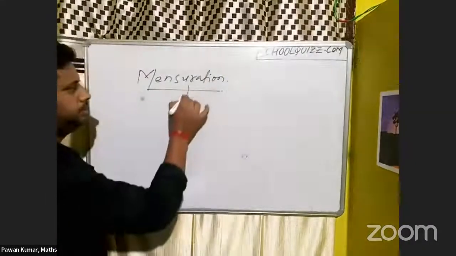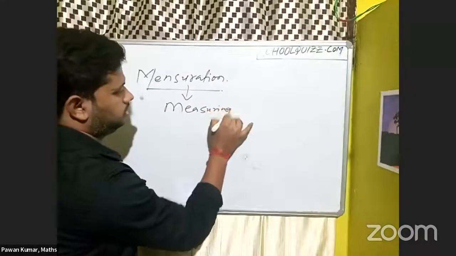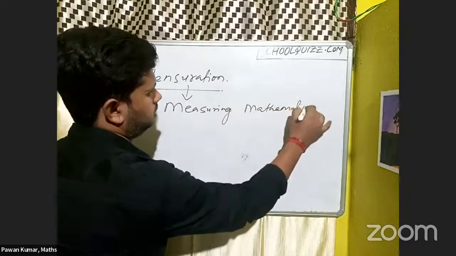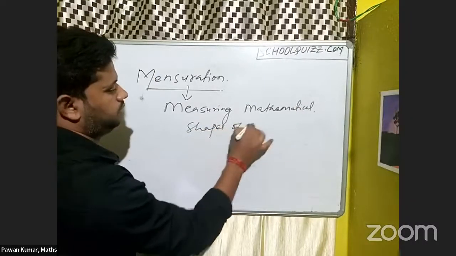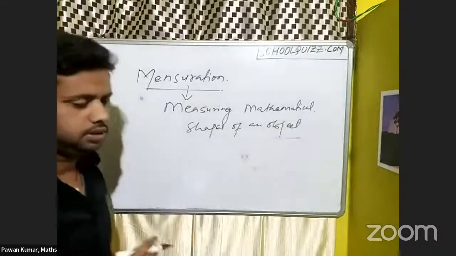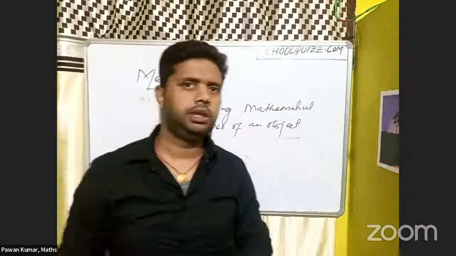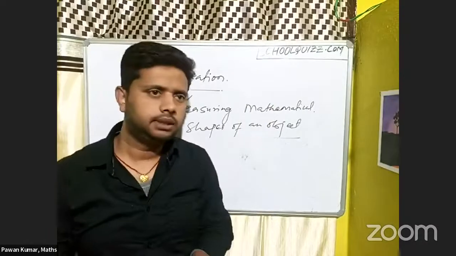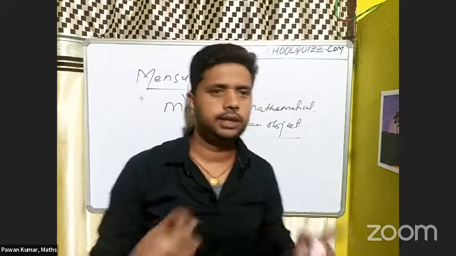Mensuration is nothing but measuring the mathematical shapes of an object, correct? So we are just measuring the mathematical shape of an object, because in real life so many things have mathematical shapes, correct? Suppose I have a table, that is also a rectangle-type shape.